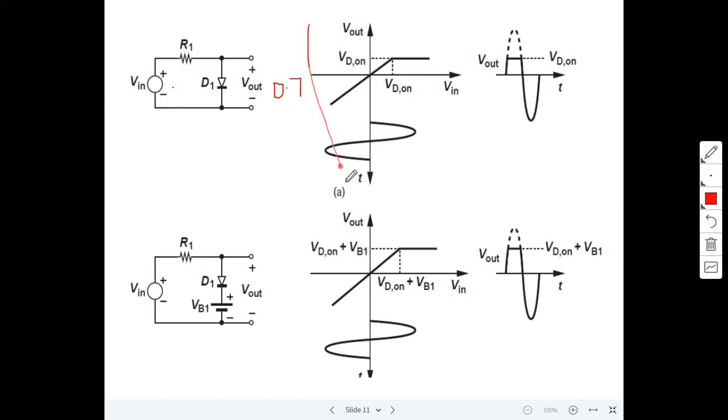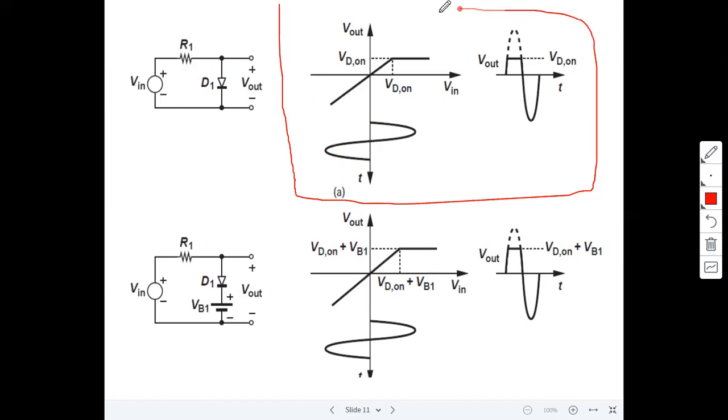This type of representation is called the transfer characteristics representation. This is Vi, this is Vout. Similarly, this is the zero axis, this is Vi maximum, and this is the output.